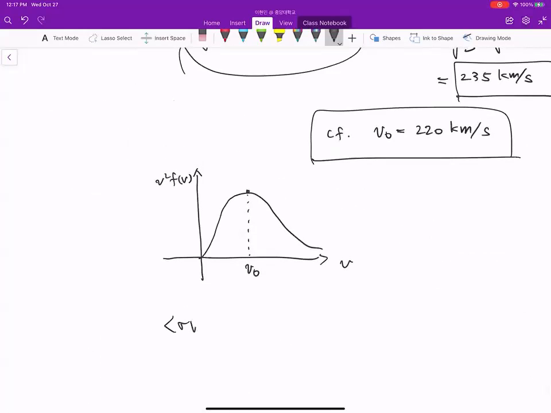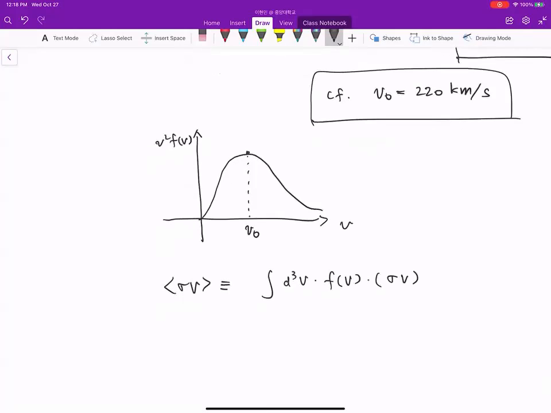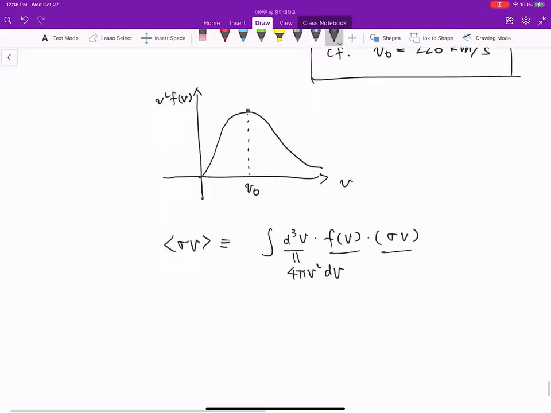So sigma v equal to this. This is the average over the dark matter velocity. Of course, they are all functions of v squared. This one is just 4 pi v squared.